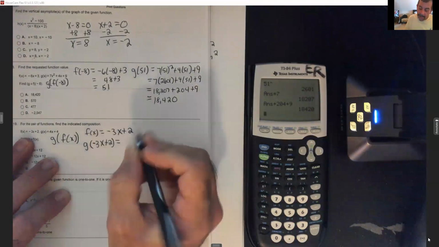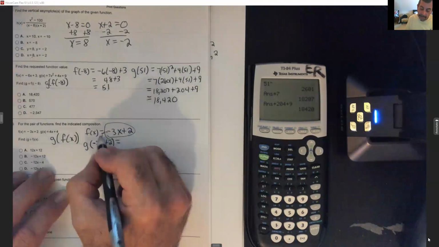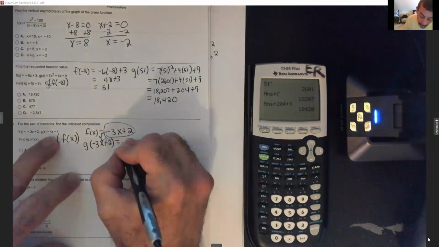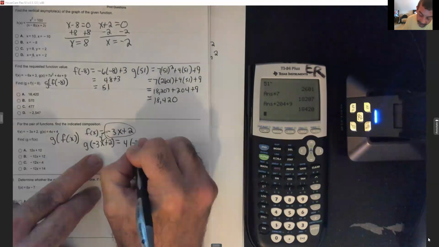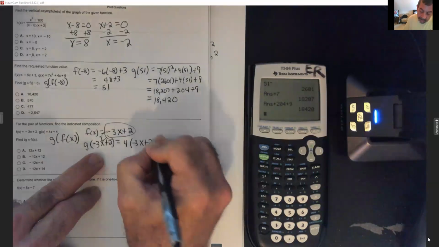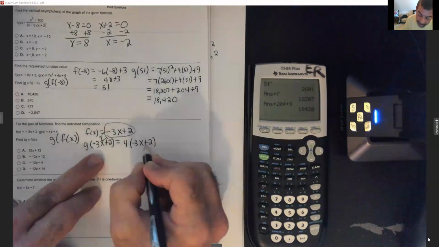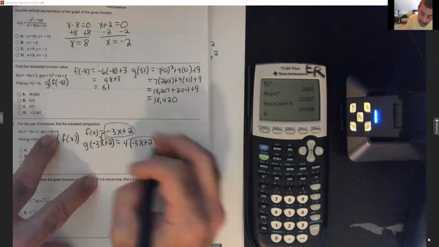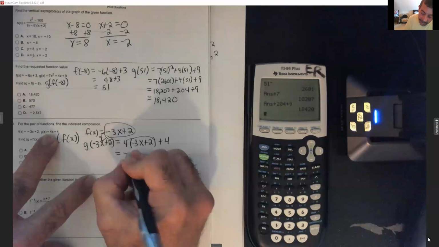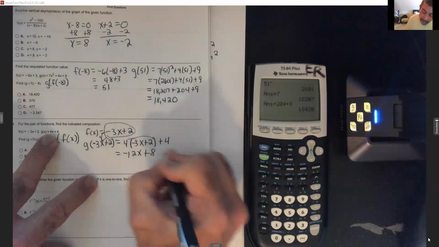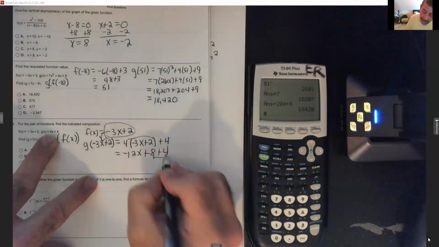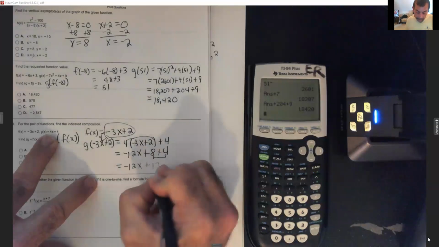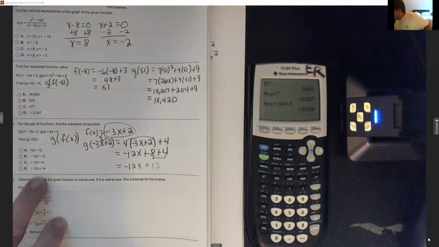So when you can't do nothing to the function, that whole function becomes the x's for the g. So g is 4 times negative 3x plus 2, because I'm putting all that in for that x, and then at the end is a plus 4. So distribute: negative 12x plus 8 plus 4, add those like terms and get negative 12x plus 12, which looks like A.